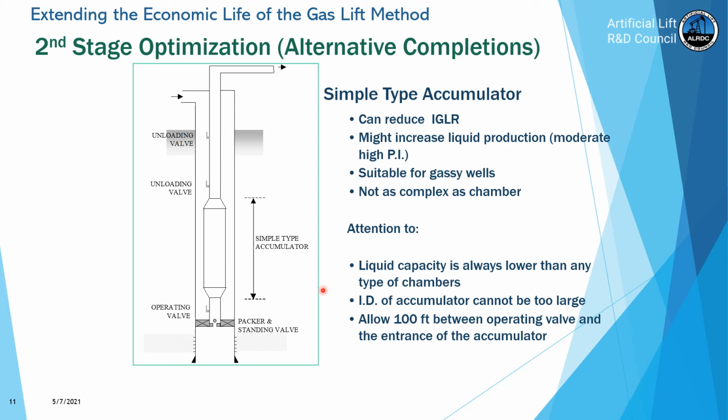And the reason for that is that first, if we make this diameter very big, then we're going to have to make sure that the instantaneous gas flow rate through the operating valve is high enough so that the slug velocity is high, so that we can minimize the fallback losses when the interface between the injection gas and the liquid slug is traveling along the accumulator.